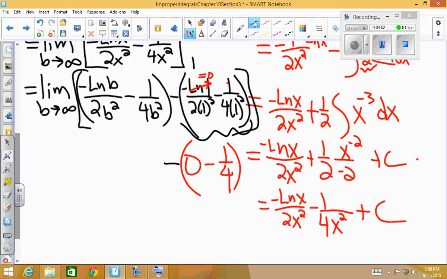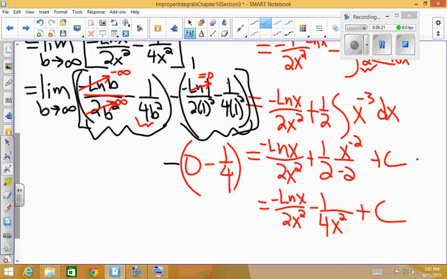Now in the first term, we might have to do a little more work to do this limit. Since b is going to infinity, natural log of b goes to infinity, so negative natural log of b goes to negative infinity. B goes to infinity, so b squared goes to infinity, 2b squared goes to infinity. This becomes then an indeterminate form, negative infinity over infinity.